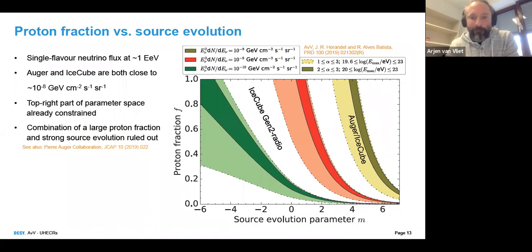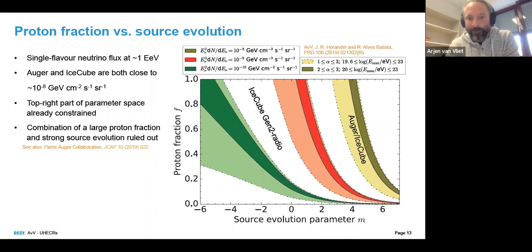Now, if you take this one step further and look at which parameters actually make it so that you get such a large cosmogenic neutrino flux, then the two parameters that are important are the fraction of the protons and the source evolution parameter m.